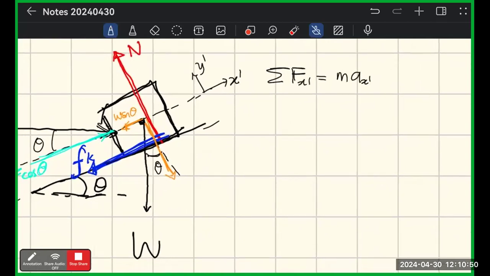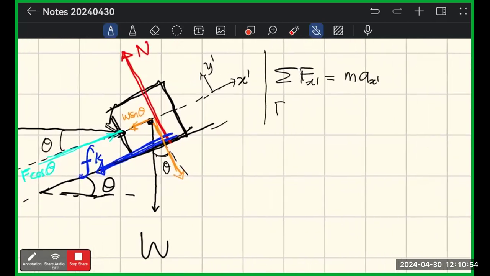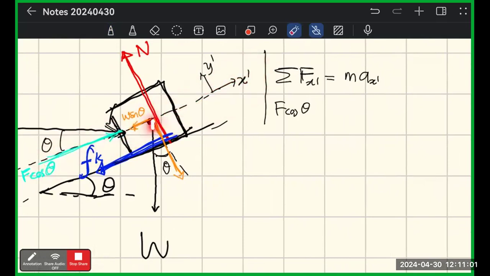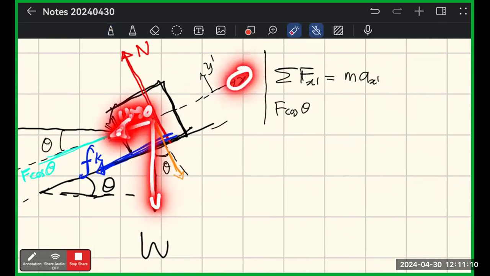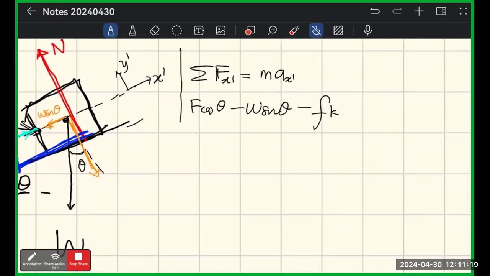F cos theta points positively in the direction of x prime, and then the projection of W is W sine theta, but it's directed to the negative side of the x prime, so it's negative W sine theta, negative fk, which is the friction force, equals ma x prime.